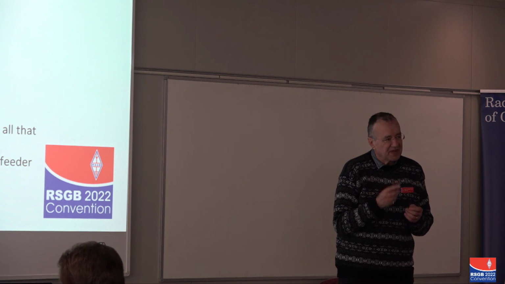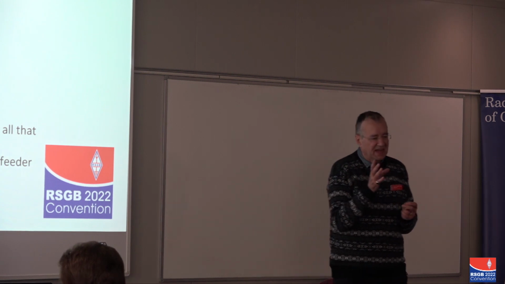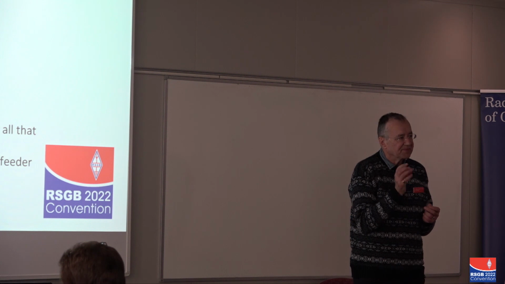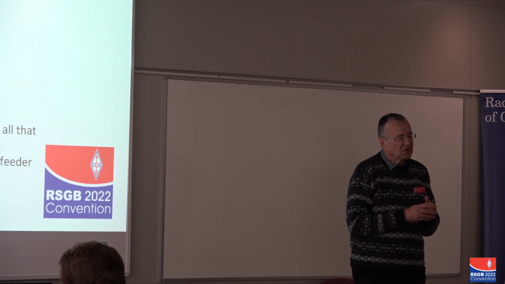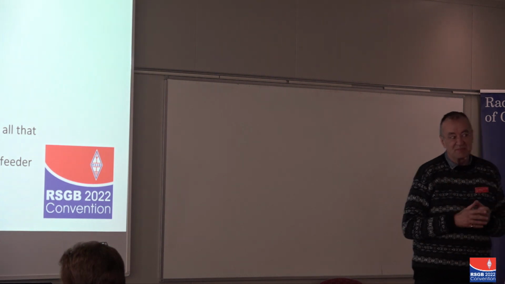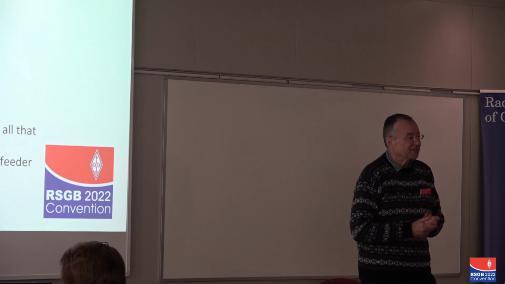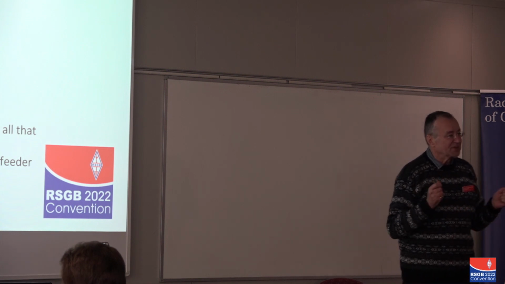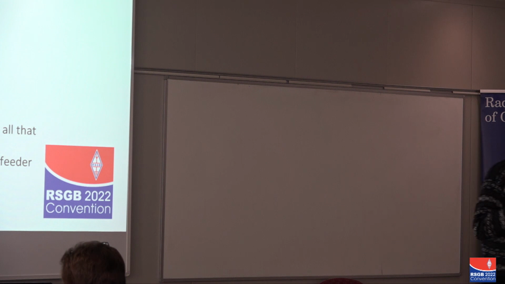The receiver is looking directly at the feeder. So it seems to me you can't have one impedance being different from the other, and in fact it isn't. So don't worry, tune it up on transmission and then you're all right.